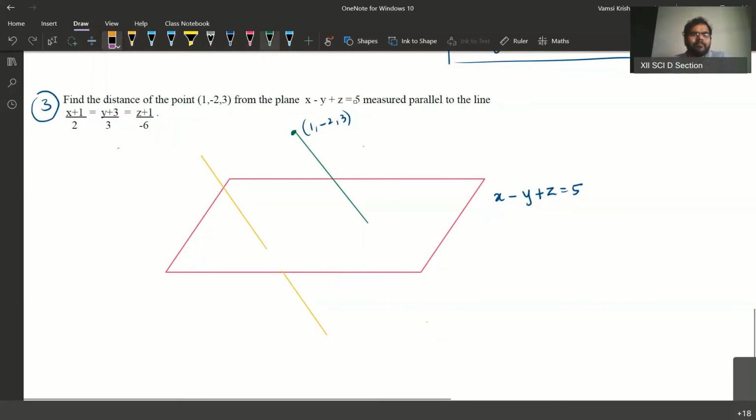Okay. And this is given by x plus 1 by 2, y plus 3 by 3, z plus 1 by minus 6. You're asked to find this distance d. All right, students. So call this as p, call this as q. Question is to find distance PQ.